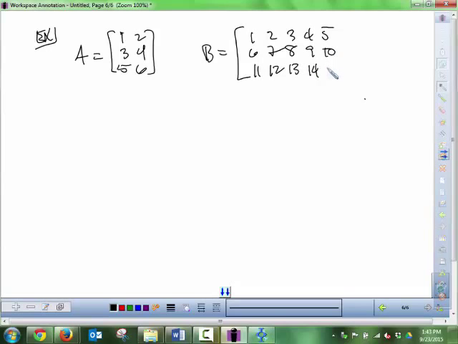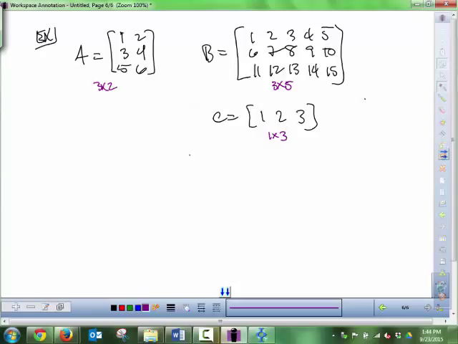These numbers are getting too big. And let's take another matrix, a 1 by 3: 1, 2, 3. So if we identify these matrices by their sizes, 3 by 2, 3 by 5, and a 1 by 3, right? Number of rows, number of columns.